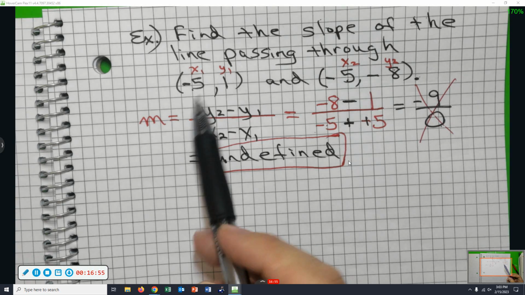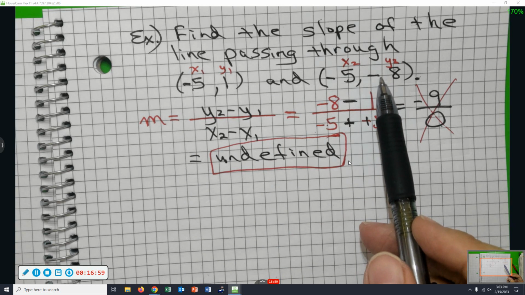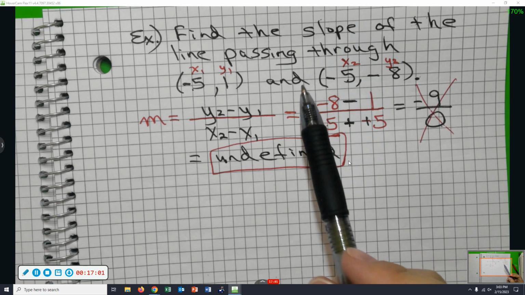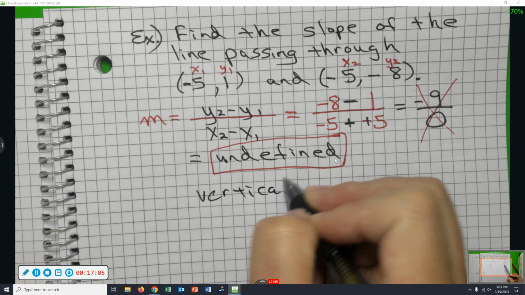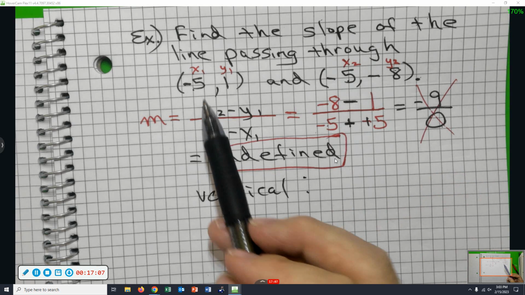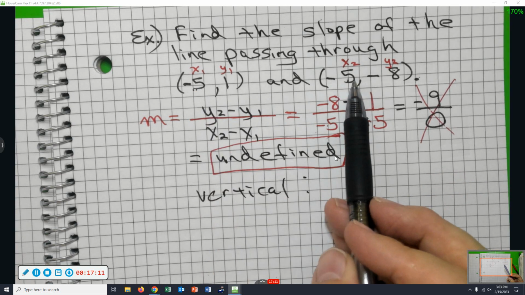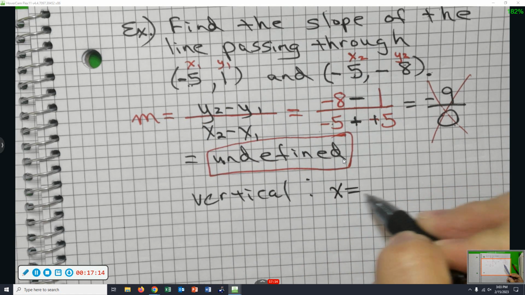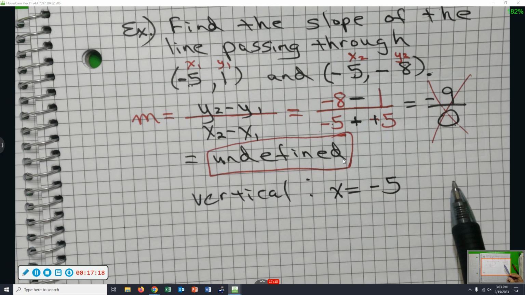But what I found is that to write equations of lines, I already know how to write the equation. If I wanted to write the equation of this line here, I know the special cases, vertical and horizontal lines. We said this line is vertical. Imagine drawing it there. Both of the x values are what? -5. So the special lines, their equations are easy to write.